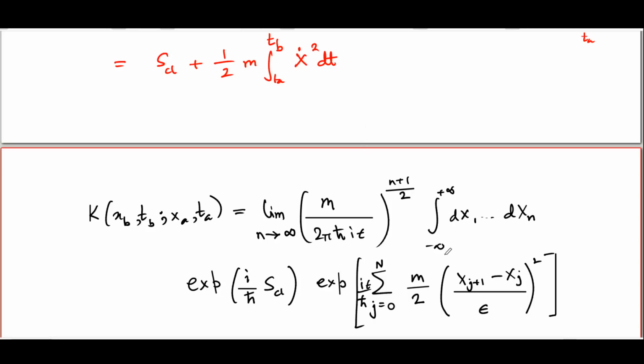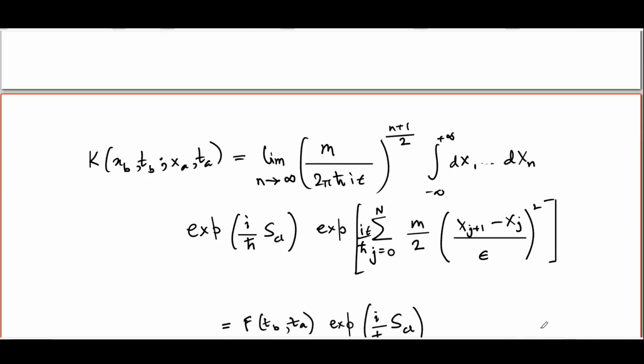So you have this integral from minus infinity to plus infinity of d capital X1 up to d capital Xn times exponent i by h cross of S, which can be split up into exponent of i by h cross S classical times the exponent of this integral, which we can break up into this discrete sum.